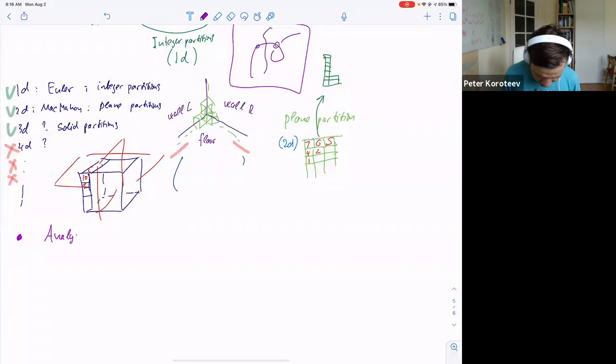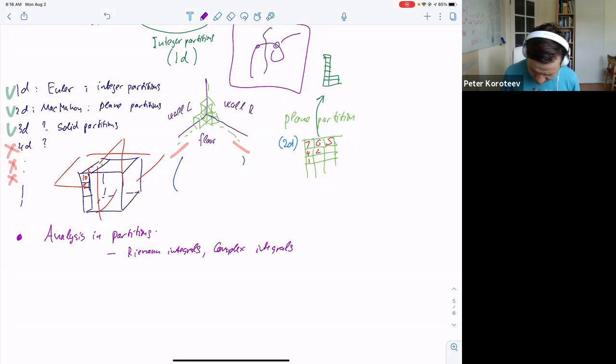Let me just start: analysis in partitions. And here in particular, what Emily said, say complex integrals. Well, she said just Riemann integrals, but let's just write them both, right? Riemann integrals, complex integrals, and connections to partitions.